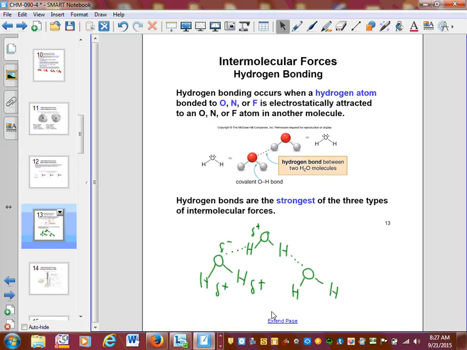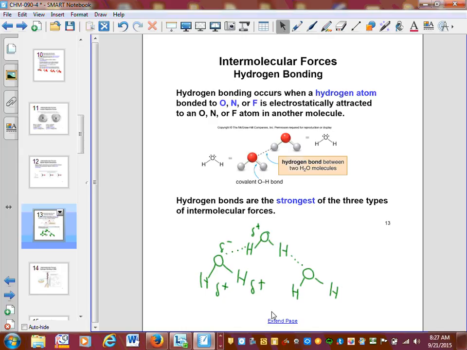Without that, water would be a gas at room temperature. If water was a gas at room temperature, you wouldn't be sitting here listening to me, because I wouldn't be here. We wouldn't be here. Life wouldn't exist. Hydrogen bonds are very important bonds.